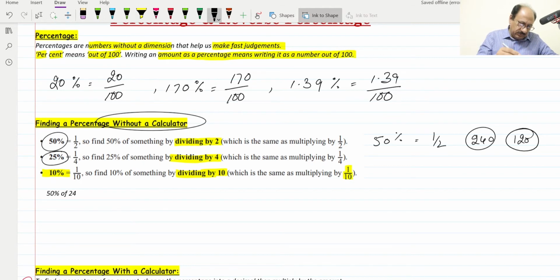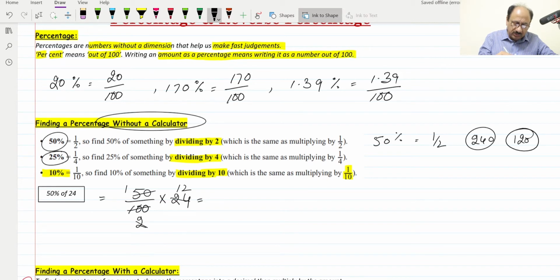Like, for example, if we have to find 50% of 24, how can we find it? We will write 50 over 100 of, where of means multiplication, and 24, and we can simplify this. 50 ones are 50, 50 twos are 100, and 2 ones are 2, 2 twelves are 24.